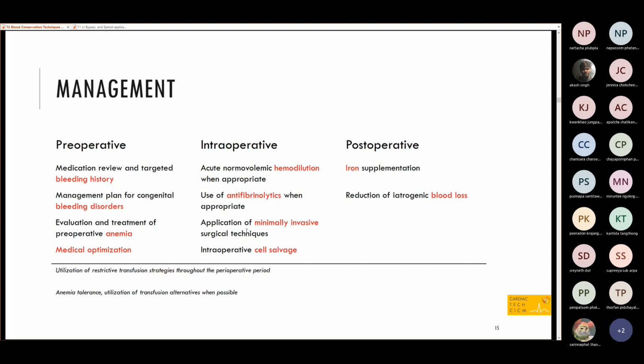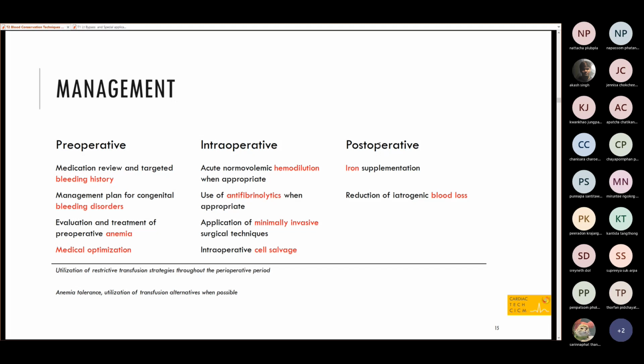Also, new technologies, like minimally invasive surgery, which we're going to have a lecture on tomorrow. Minimally invasive surgery can also preserve blood for the patients. And we can also use another special machine called a cell salvage or cell saver during the operation to recycle the blood for the patients.